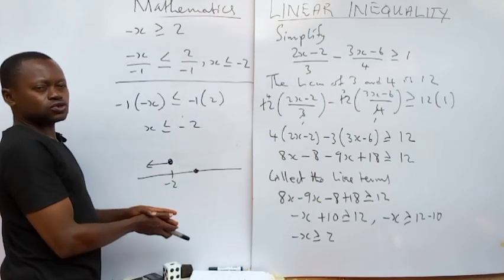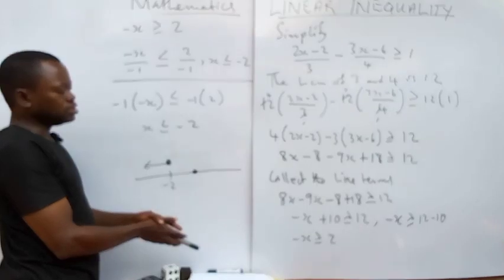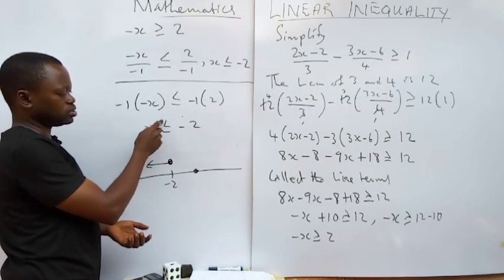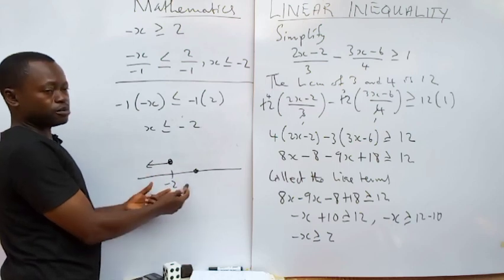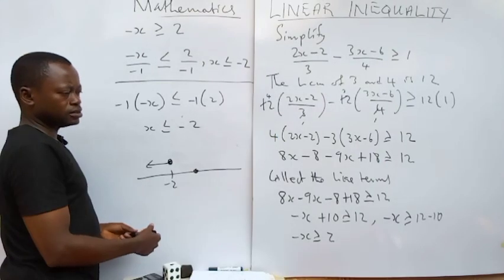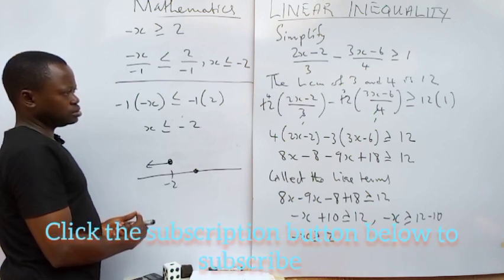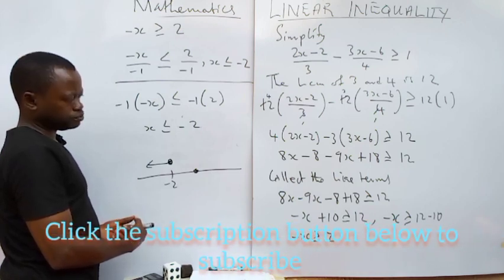If you check out the introduction class to linear inequality, you get the detailed explanation on how to do this presentation in a format on the real number line. I'm sure this explanation is okay for you out there.